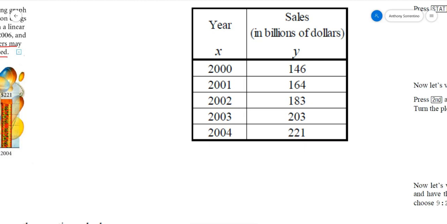However, they're not linear, because if I go back to something we had done in the previous chapter, each one of these X values is going up by 1, whereas this Y goes up by 18, this one goes up by 19, this one goes up by 20, and this one goes up by 18.